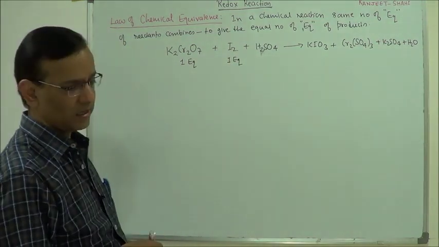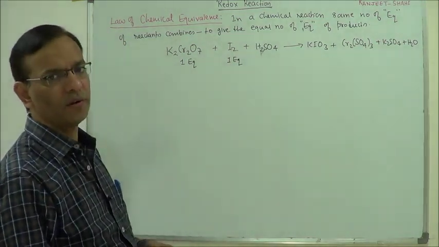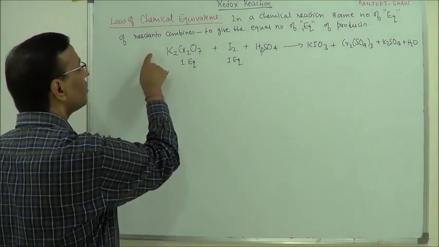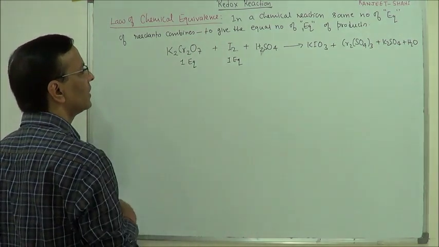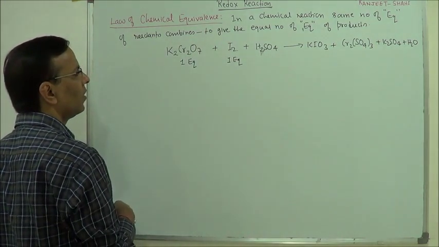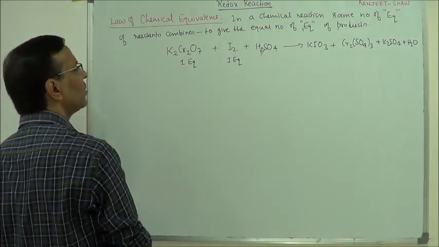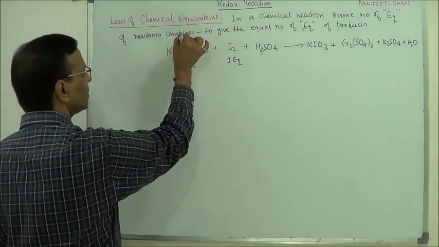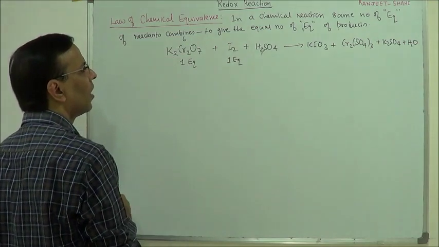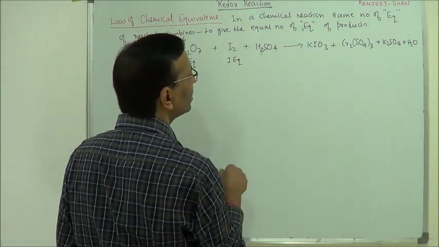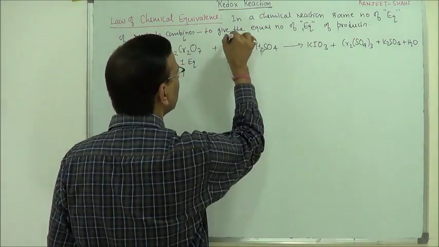Now let us verify it. If we balance this redox reaction, we find that for one dichromate the change in oxidation number is 6. For one I2 the change in oxidation number is 10.